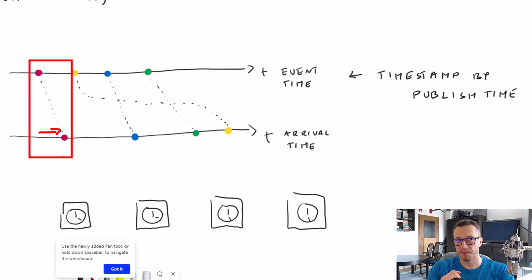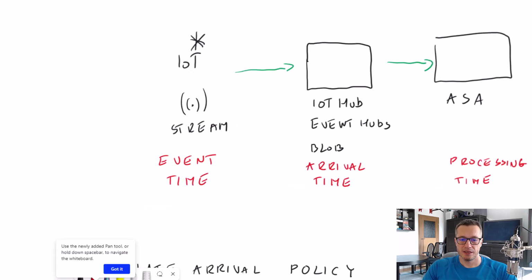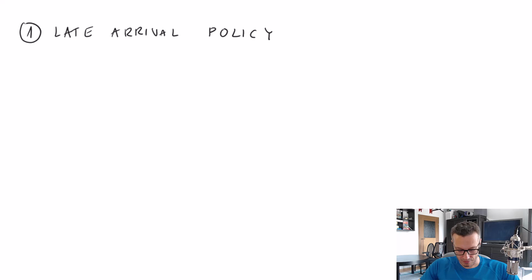So the question is, how long are we willing to wait for those events? 5 seconds, 1 second, or maybe 1 minute is still fine. Late arrival policy allows us to configure this. And how does it work? Let me draw this nice diagram.